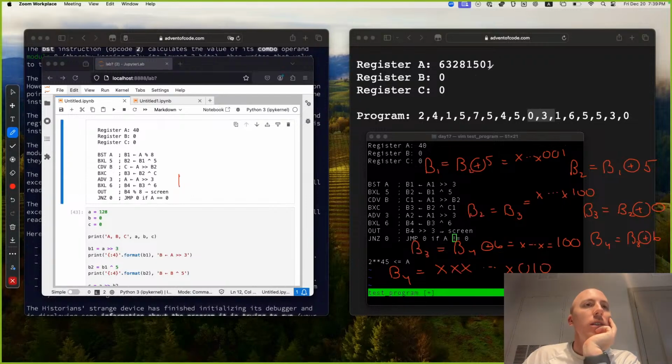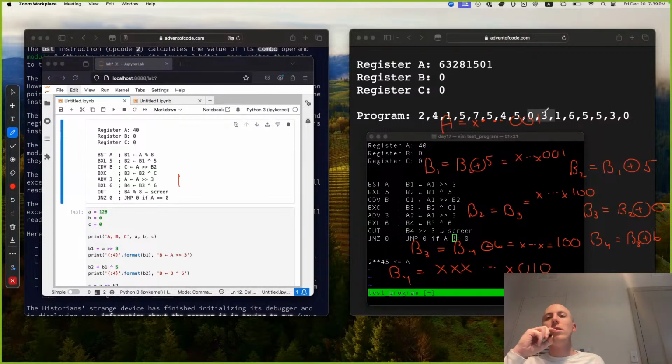So B is only ever 3 digits. You don't even have to mess with this. A is whatever its values are, and it's 001. So as long as A ends in 001, then we'll print out a 2 in the first pass here, assuming that C is equal to 0.